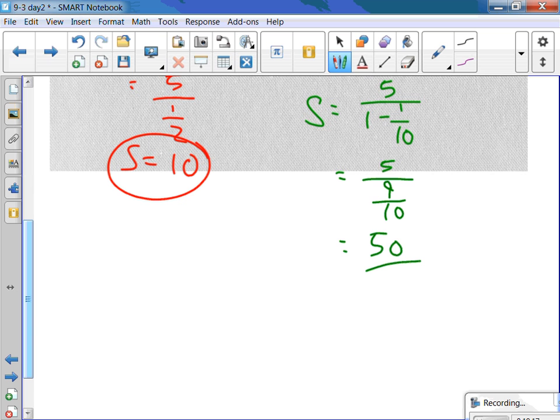When I'm dividing by a fraction, same thing as doing what? Multiplying by their reciprocal. So that's 5 times 10 over 9, or just 50 over 9. Question?